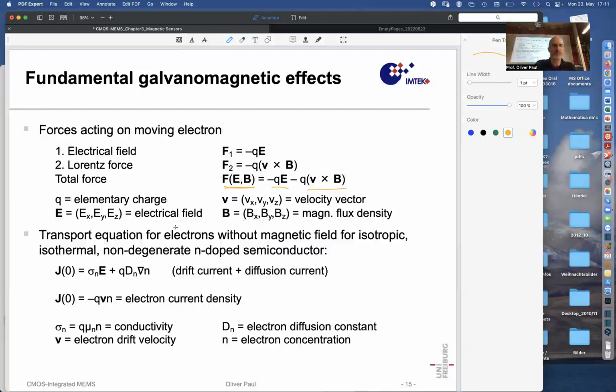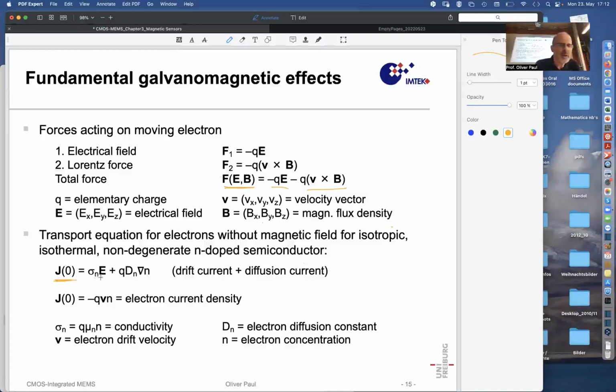And so a transport for electrons without magnetic field in isotropic, isothermal, non-degenerate n-doped semiconductors. So not depending on direction, same temperature everywhere, not too strongly doped, but n-doped. That's what this means.